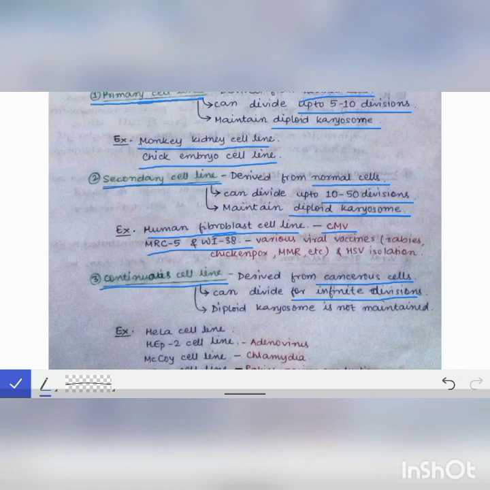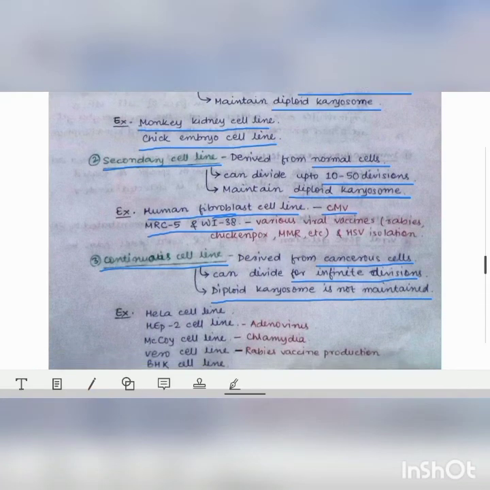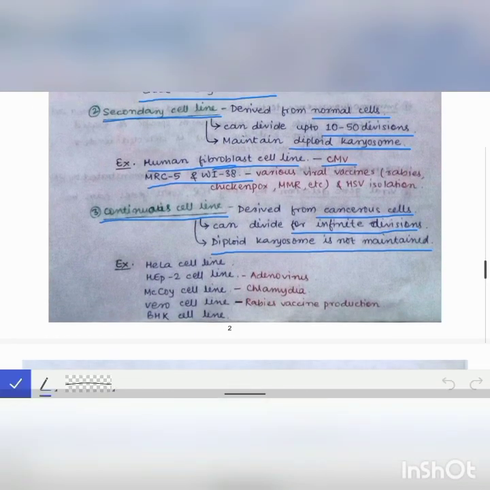And we know that in the cancerous cells, the diploid karyotype is not always maintained. Sometimes it becomes haploid and sometimes the ploidy changes. Examples of such cell lines are many, and these are most commonly used also.